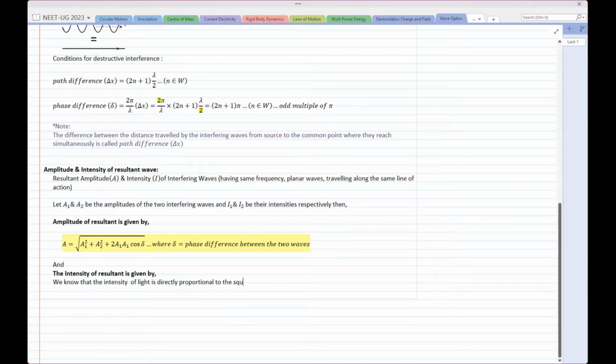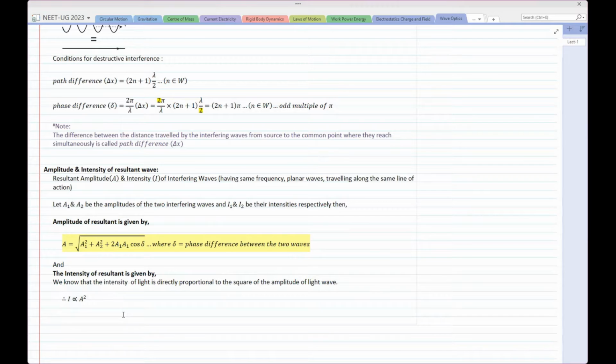To the square of the amplitude of light wave. Okay, so therefore आपके पास क्या होगा? Therefore I is proportional to A squared, right? Now since this is true, then आप वो ऊपर वाले इक्वेशन को क्या लिख सकते हैं?